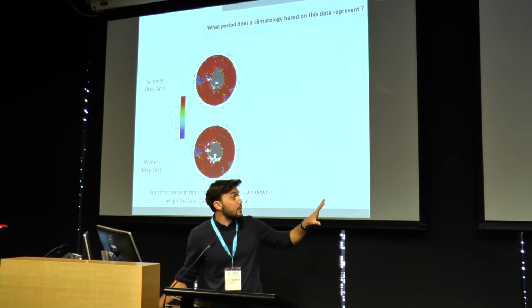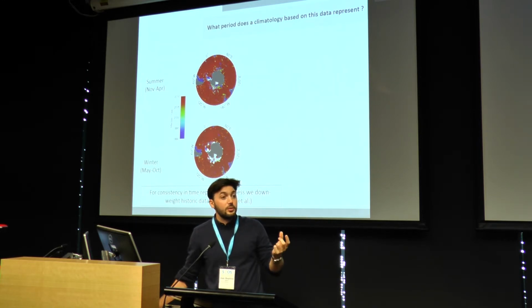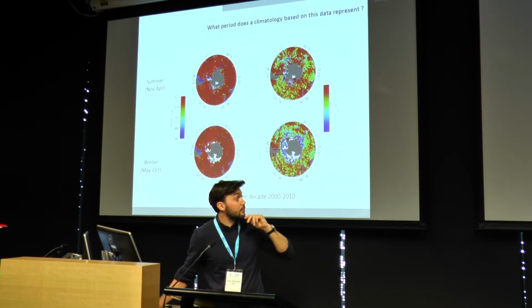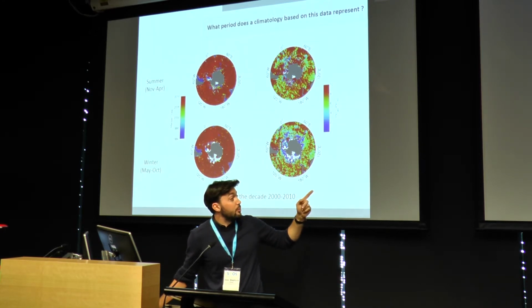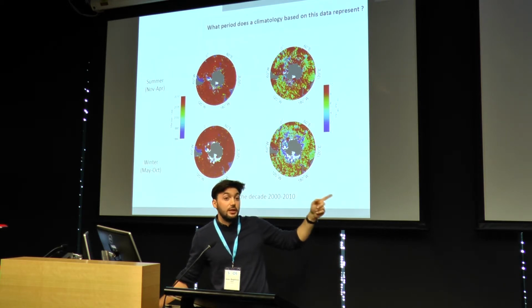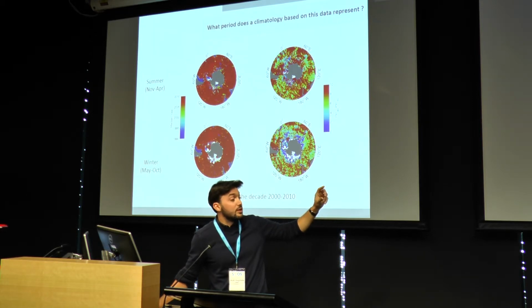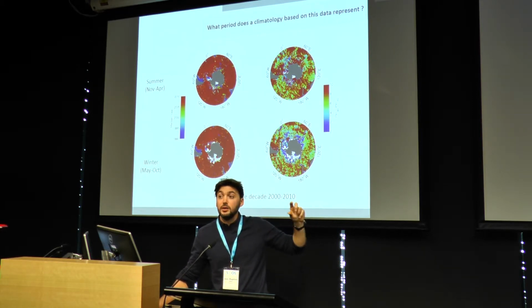Now, that's the median year, and how long is the period represented by your climatology? You can have a look at that here, where I'm showing the percentile 90 minus the percentile 10 of the year distribution. The unit is the number of years represented by your data set around the median, basically.